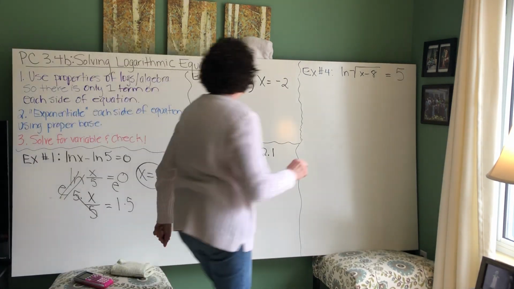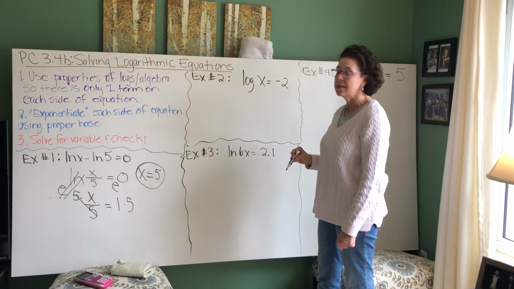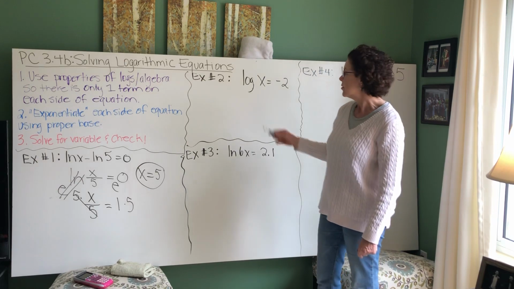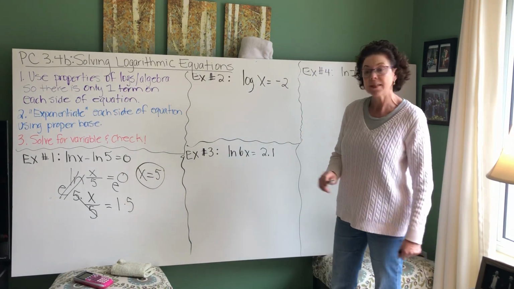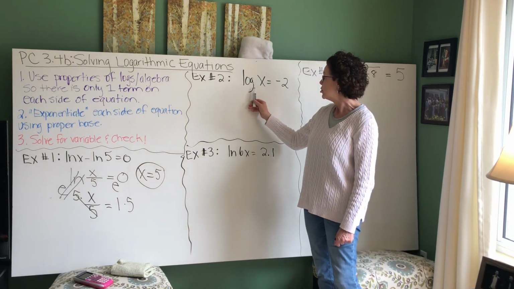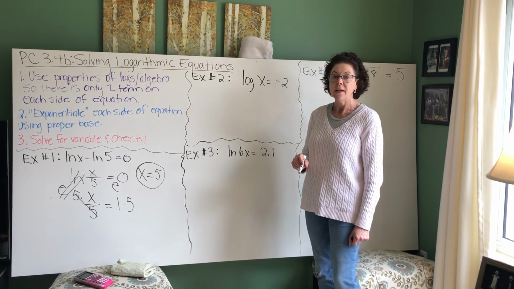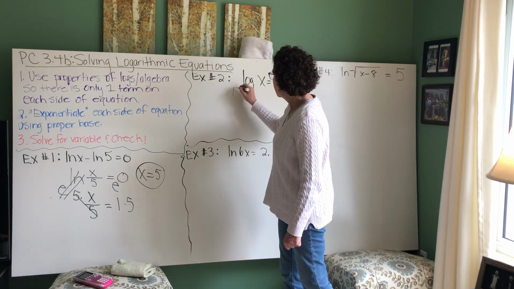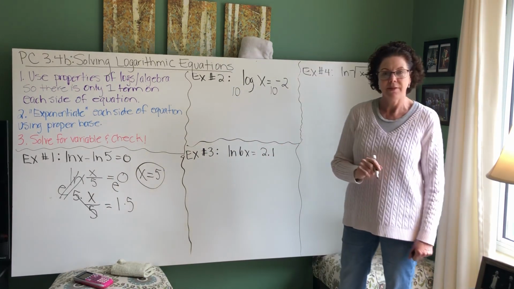Example number 2, common log of x equals -2. Notice there is only one term on both sides. We are going to exponentiate each side of the equation. When you have a log with no base showing, that is the common log, base 10. So we will write a base of 10 on each side of the equation.